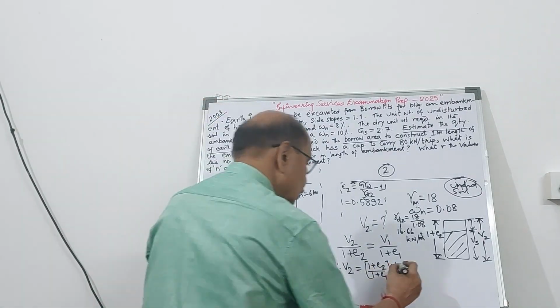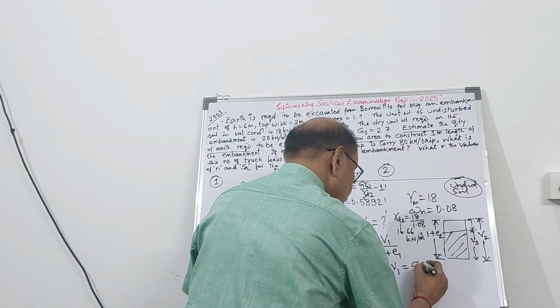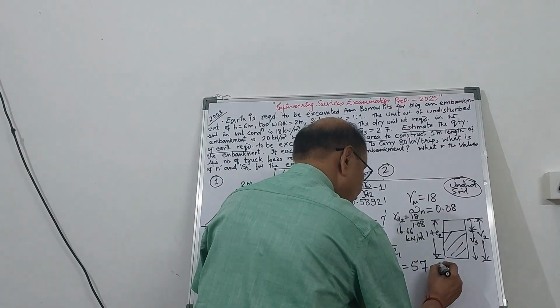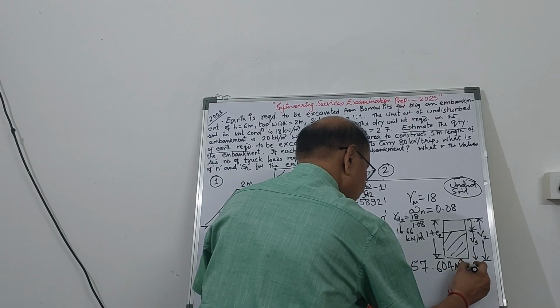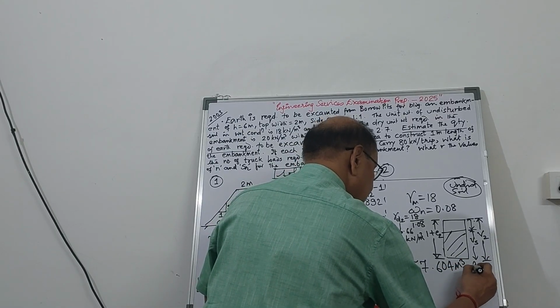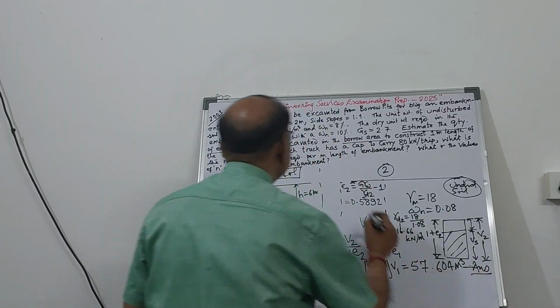This gives you 57.604 meter cube. This is the answer of this part.